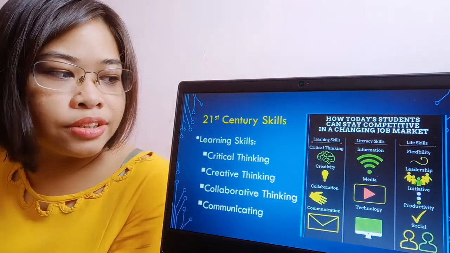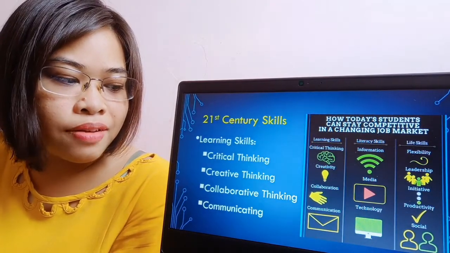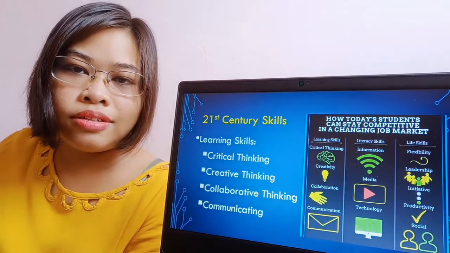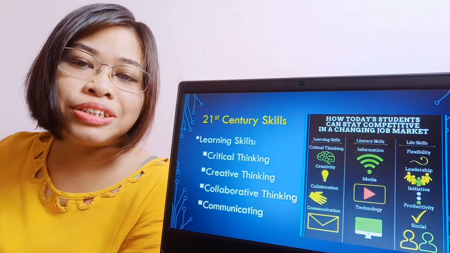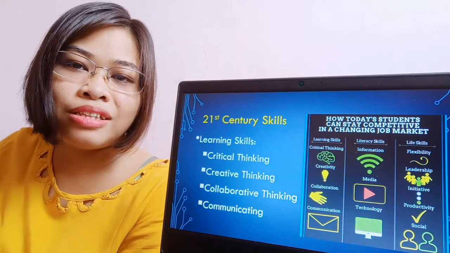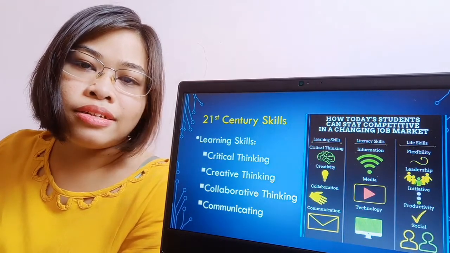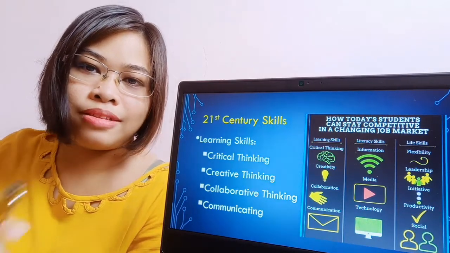The learning skills include critical thinking, creative thinking, collaborative thinking, and communicating. This is also called the 4 Cs. It teaches the student about the mental processes required to adapt and improve upon the modern work environment.